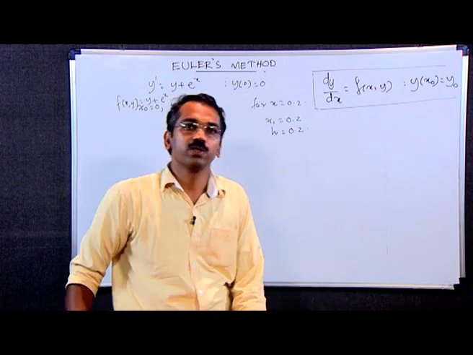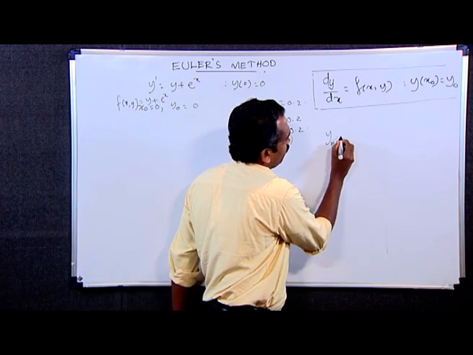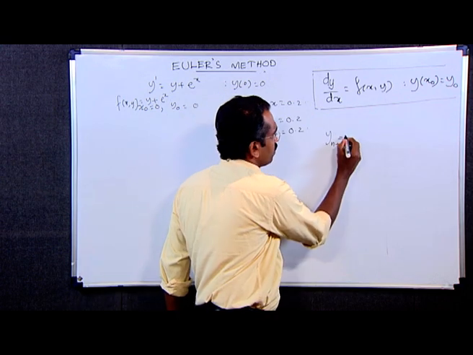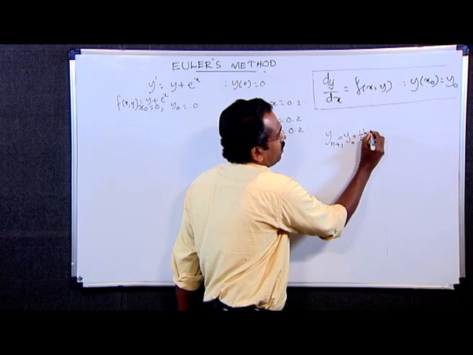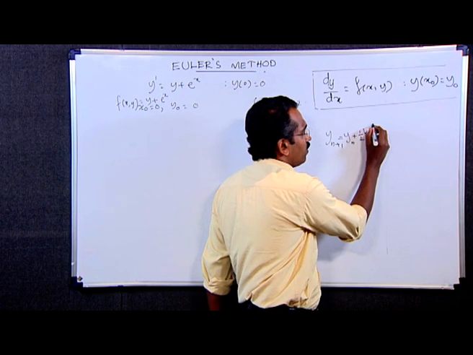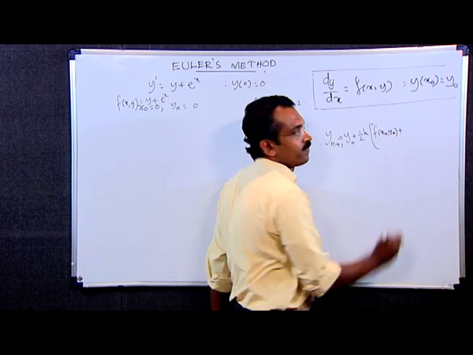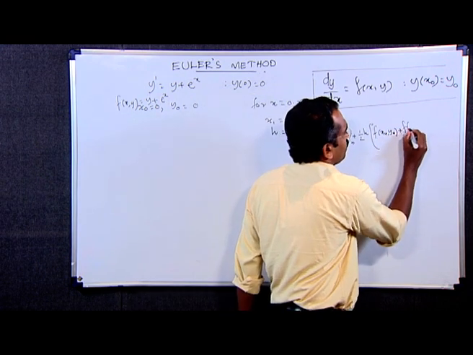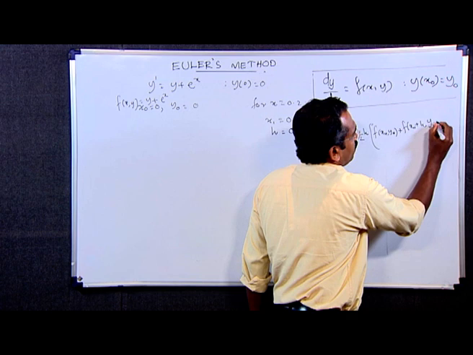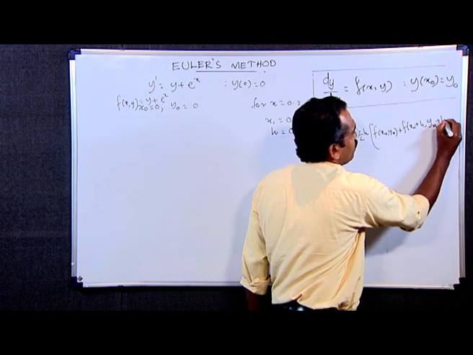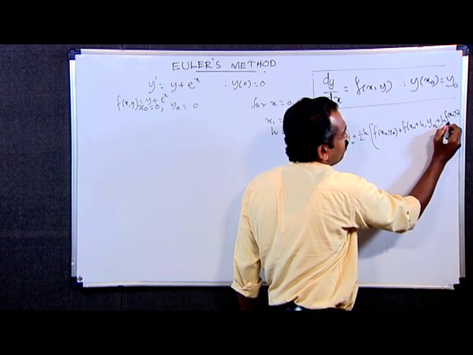By modified Euler's method, the general formula is y n plus 1 is equal to y n plus 1 by 2 into h into f of x n y n plus f of x n plus h comma y n plus h into f of x n y n.